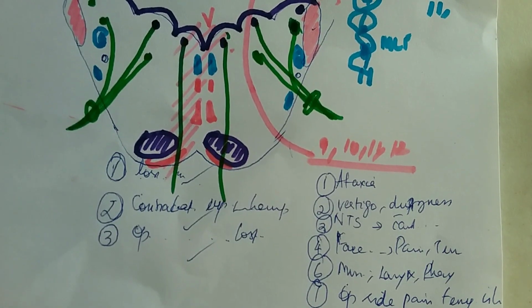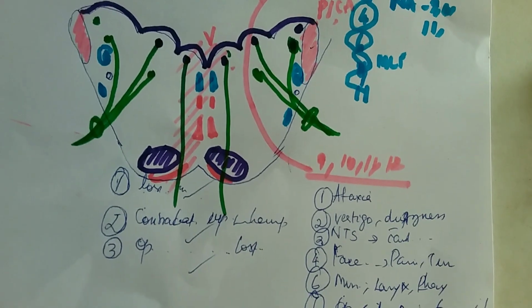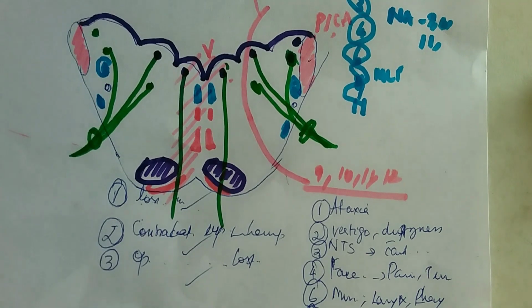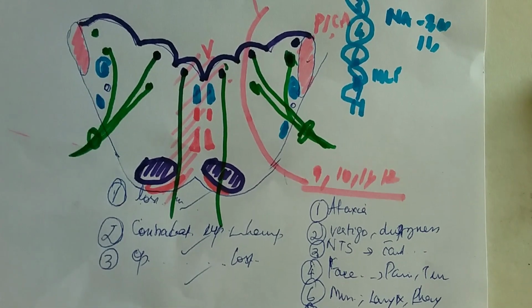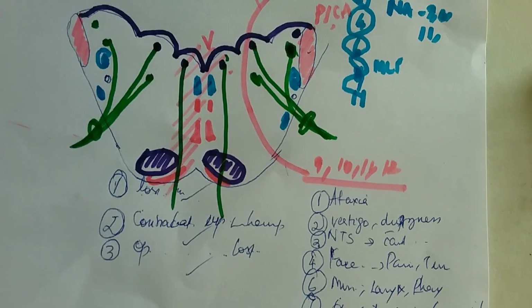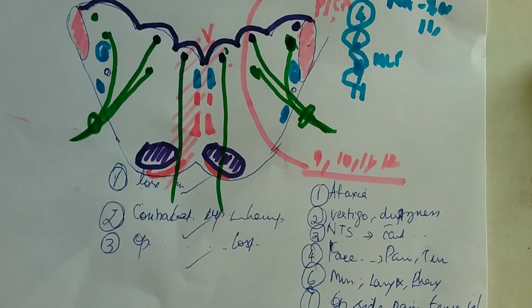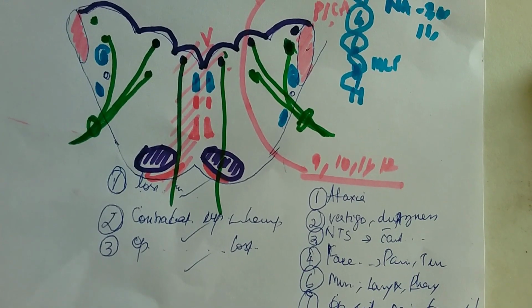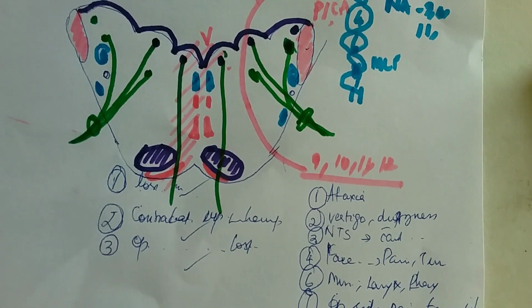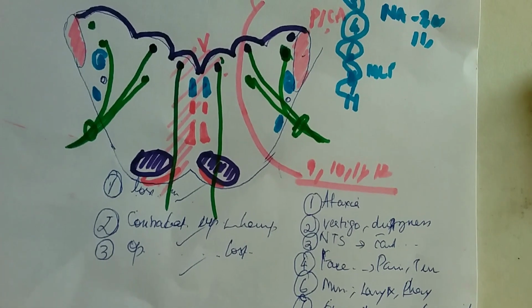One is miosis, because all the sympathetic activity will be gone. So inside the eye there is a small muscle, the dilator pupillae, that will not be getting its supply because sympathetic fibers are gone. So they will be having miosis, and then second is anhidrosis, normally there is sweating, and there won't be any sweating. And number three is enophthalmos. Lower part of the eyeball is supported by a muscle, the orbitalis.